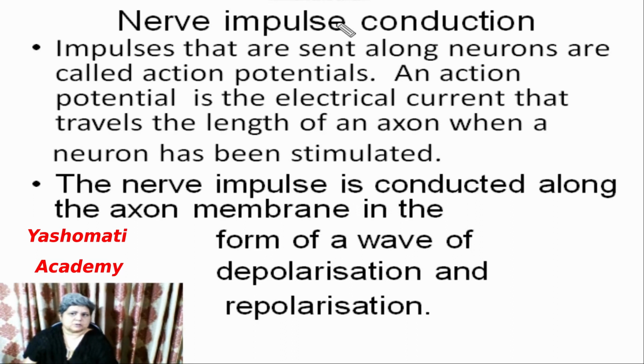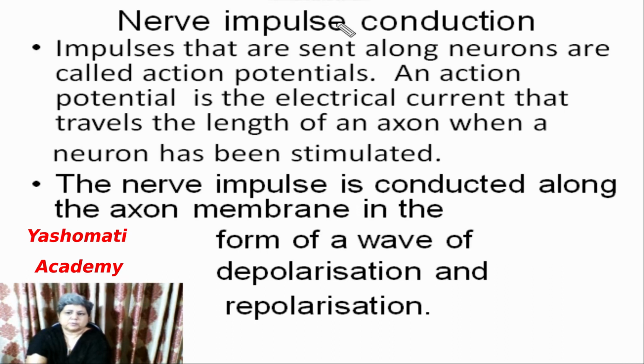So this is the process through which the information goes from one part to another. If the nerve ending is forming a connection with some other neuron, then the same process will be repeated again. Now when the information goes to the axon, the nerve cell gets excited.